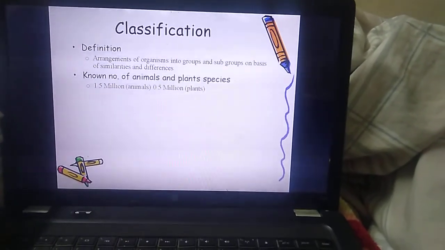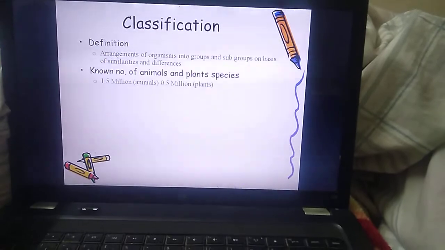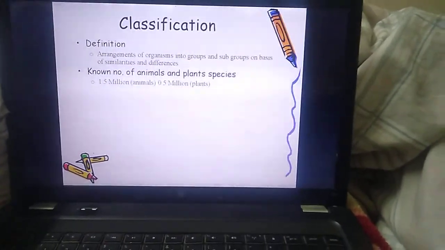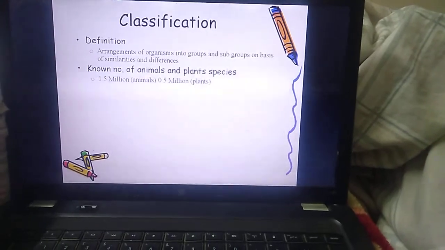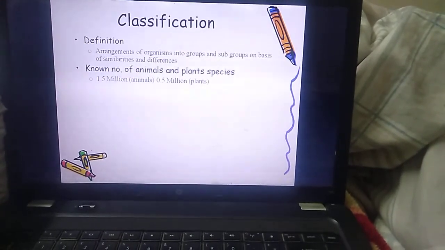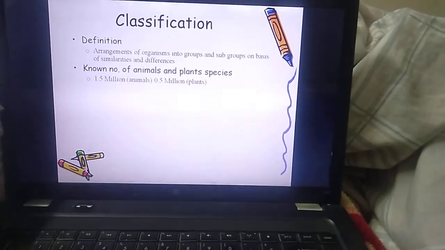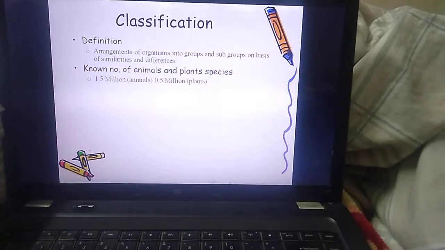Number of animal and plant species: over 1.5 million types of animals and over 0.5 million types of plants are known to biologists present in the universe.